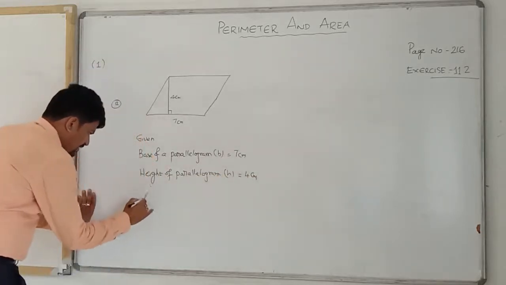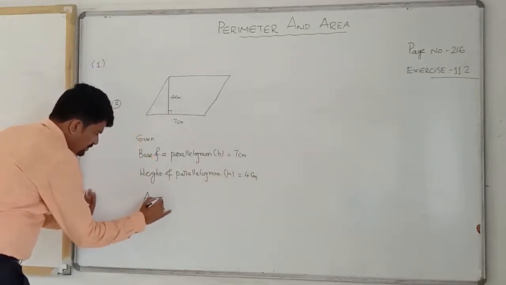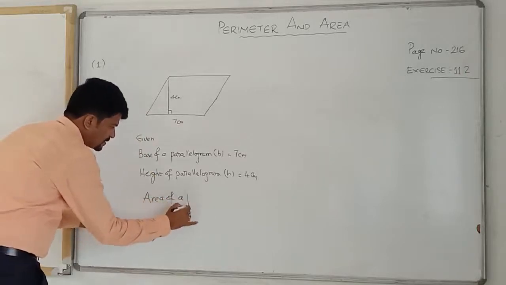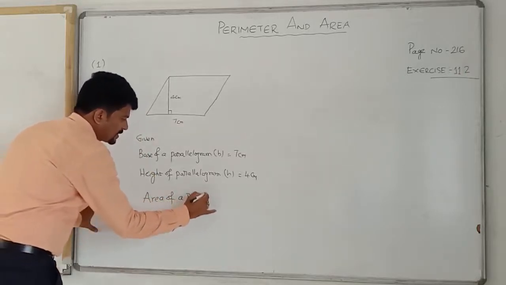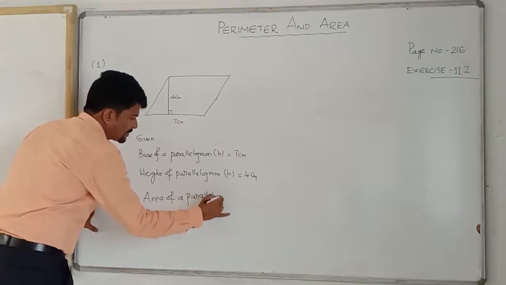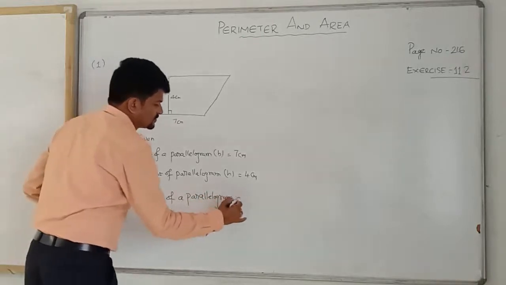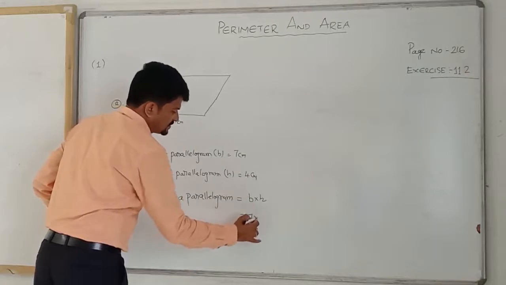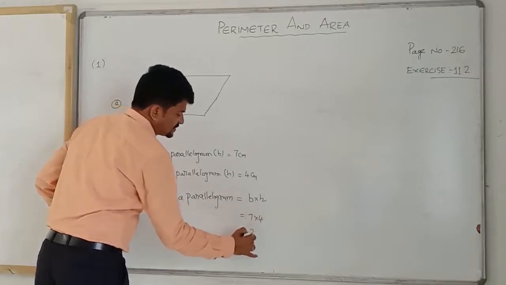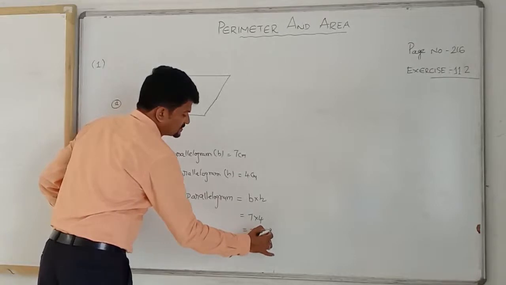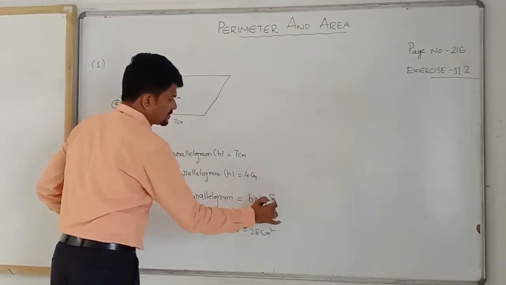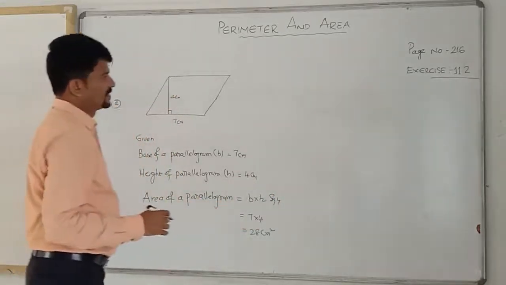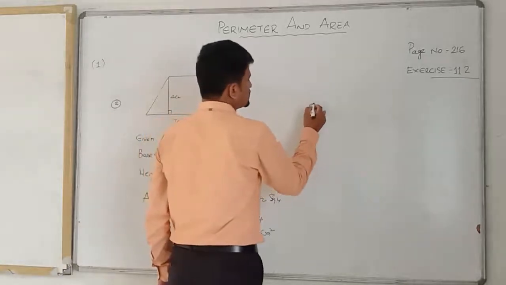Now, the area of a parallelogram formula. Area of a parallelogram is equal to base into height, bh. That implies 7 into 4, that implies 28 centimeters square. This is the first question.